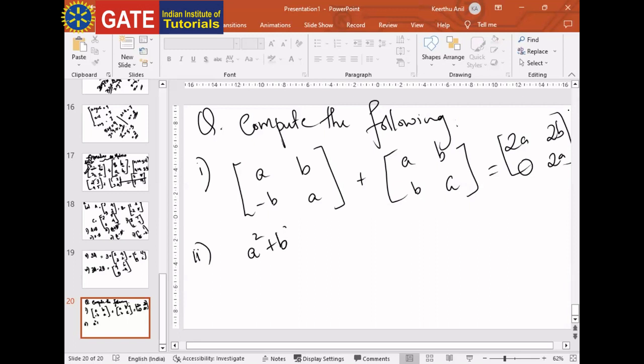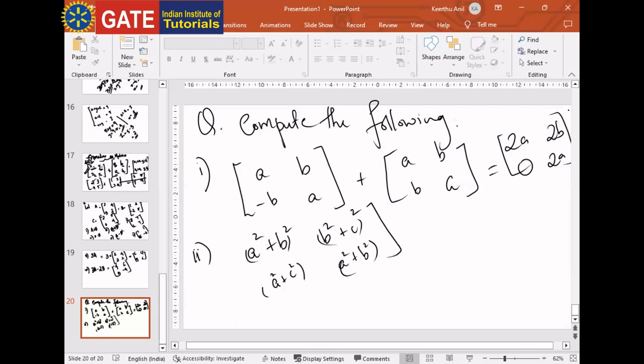A square plus B square, B square plus C square. These are single elements. A square plus B square is a single element. B square plus C square is a single element. Then A square plus C square, then A square plus B square. Okay.